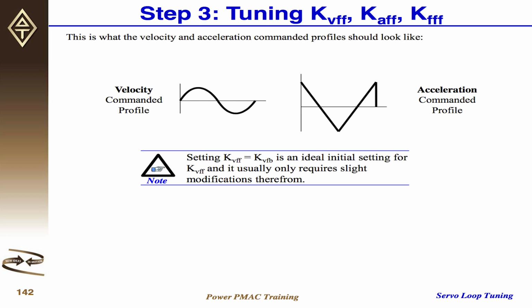So the process of tuning the feed-forward gains comprises comparing your motor's following error to the shape of both the velocity and the acceleration profiles. And I just want to reiterate, a really good place to start kVFF is to set it equal to kVFB. Then you only have to change it a bit from there.